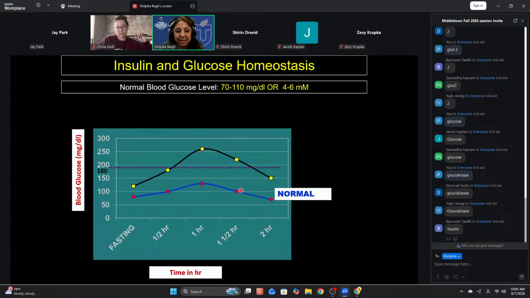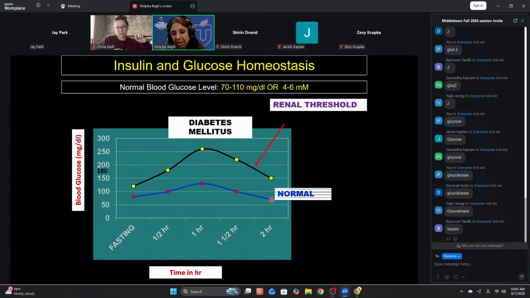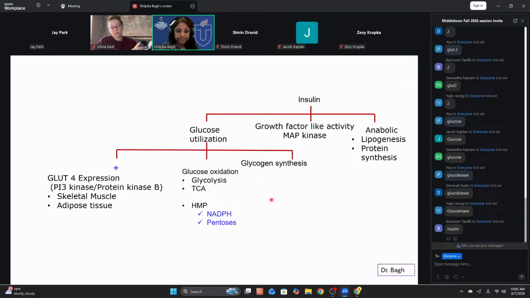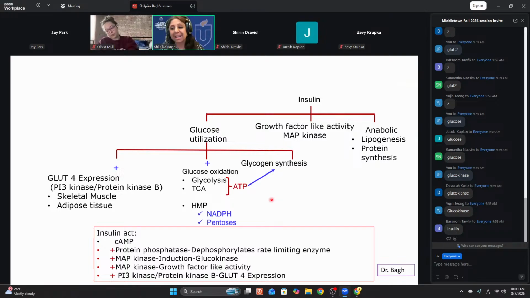Now, insulin will bring down glucose to normal. Please don't do the diabetic curve. This is all coming in foundation 2, but I like to connect, right? Then, once insulin is released, insulin is anabolic to lipid and protein. What does insulin do? Turn on glucose utilization. Where is it? Foundation 2.